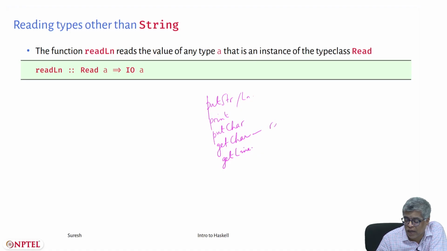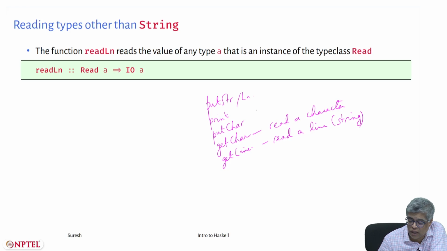This is to read a character, read a line which is a string, it will read it as a string. This will display a character, display a string, print will display any showable value.